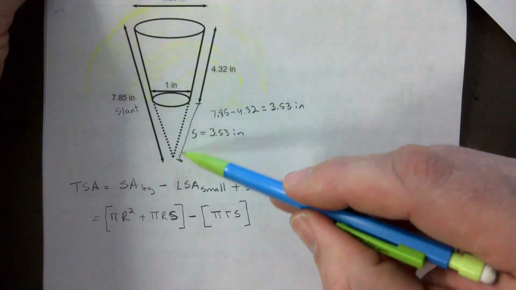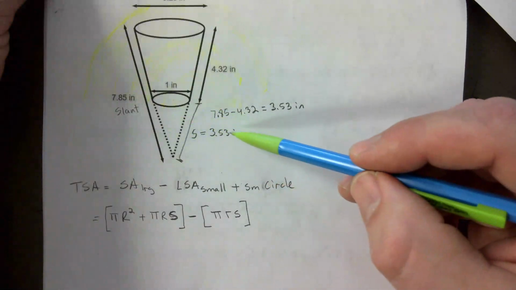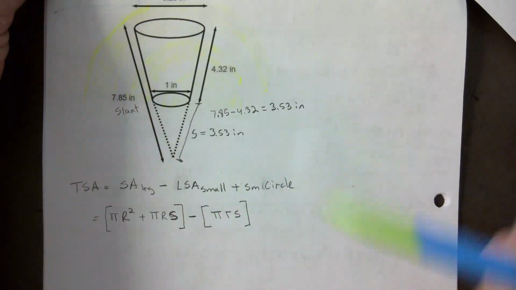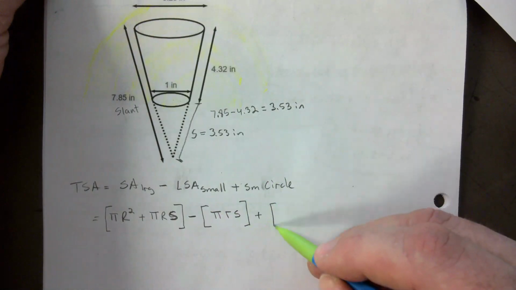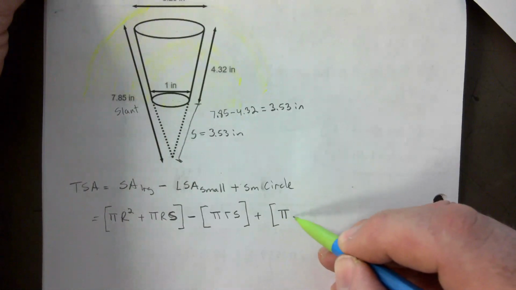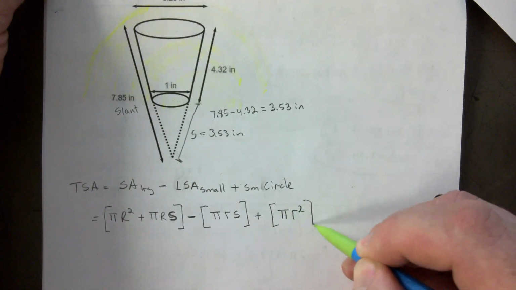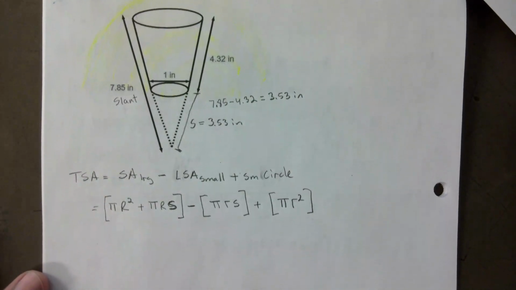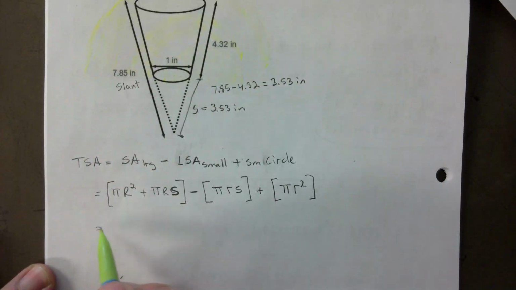So the slant height of the small cone is right here. That's the one I'm going to use for this part, plus the small circle, that's just pi r squared like that. That's really what it comes down to. And now it's just a matter of plugging it in.